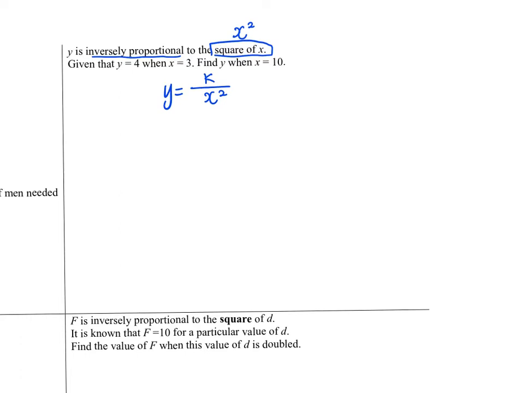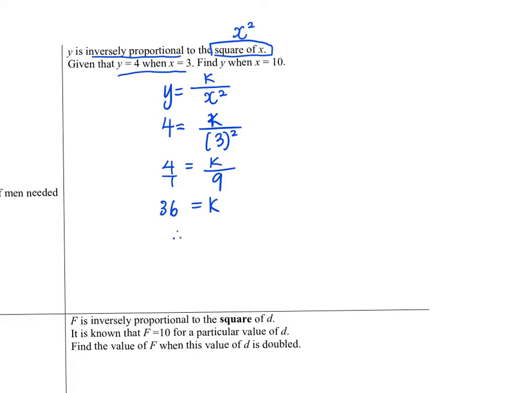Given that y equals 4 when x equals 3, find the value of y when x equals 10. Now what is this piece of information for? When y equals 4, k over x squared, where x is now equals to 3, 3 squared is 9. The purpose is for us to find the value for k. So k is equals to 36.